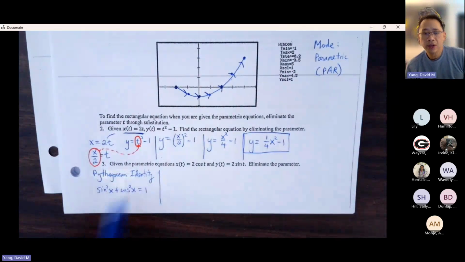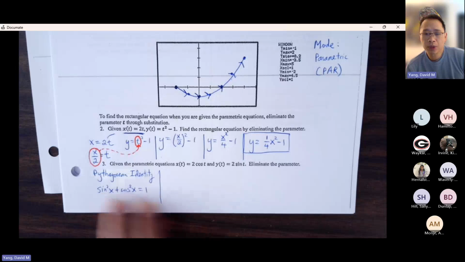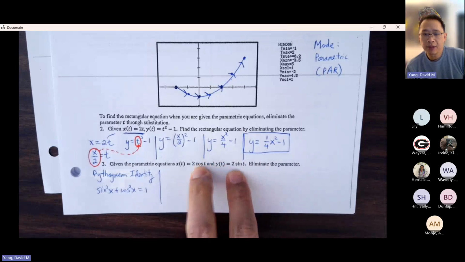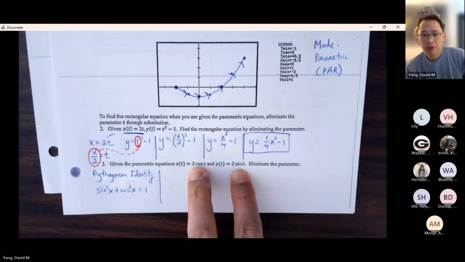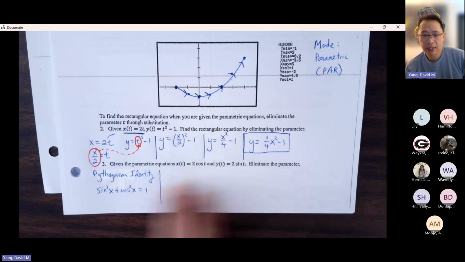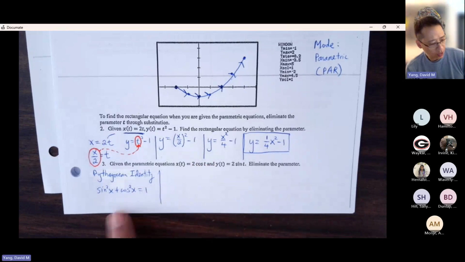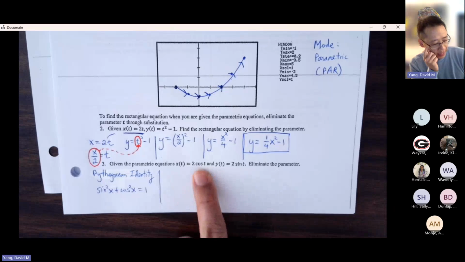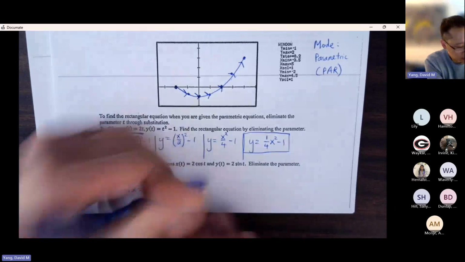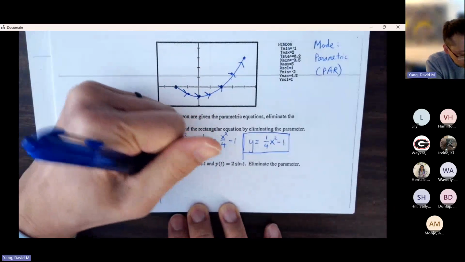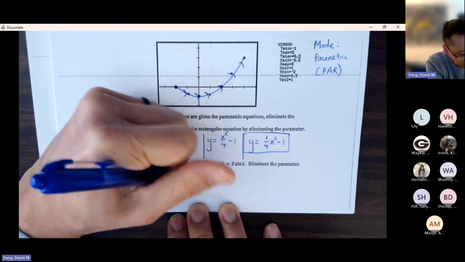So if I know that this is an identity I can work with, we're going to try to get it into this form here. So I can isolate cosine and sine. We know that x is equal to 2 cosine of t.